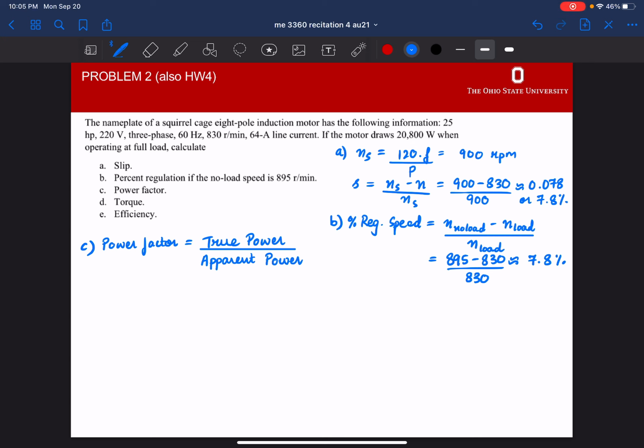So since here it's a three-phase supply, I'll just write down what formula you would want to use. For a three-phase supply, it is given by √3 times the voltage times the current. If it was a single phase supply, it would have been just the voltage times current.